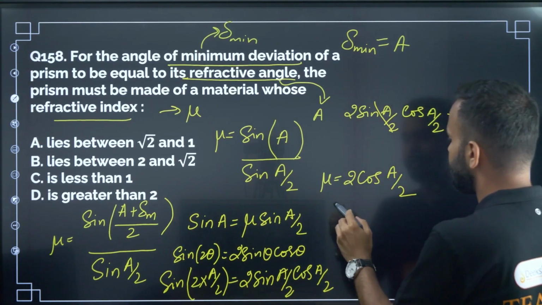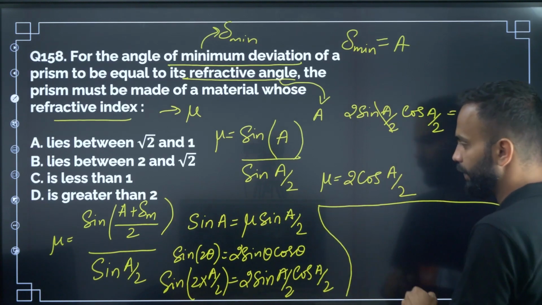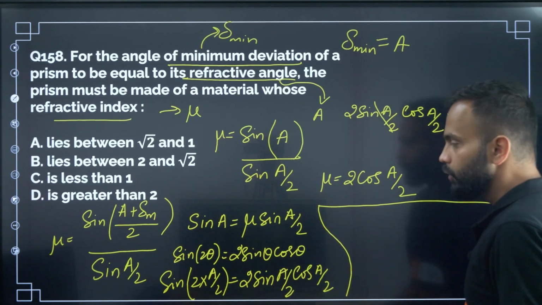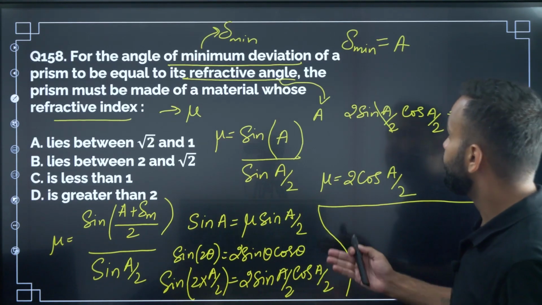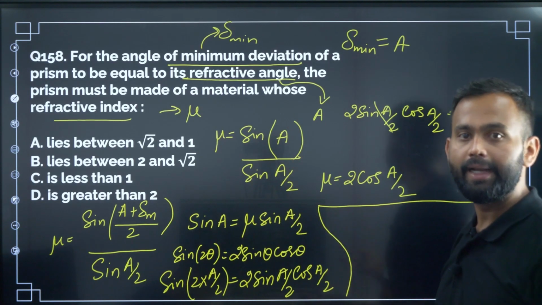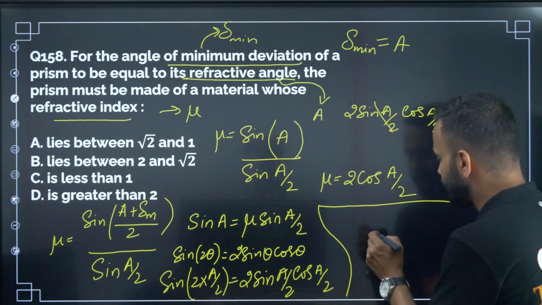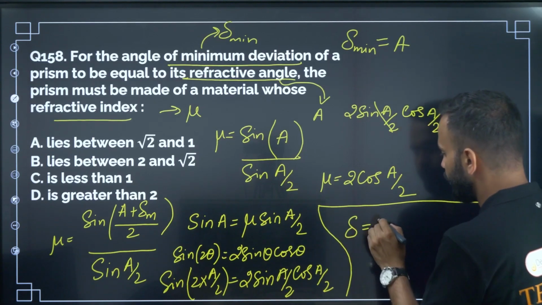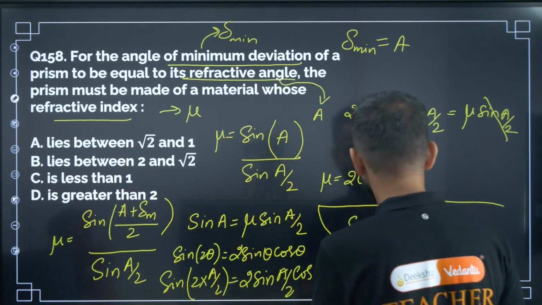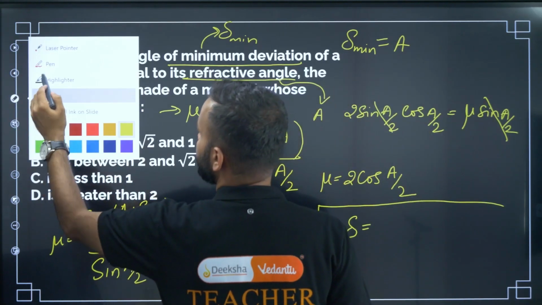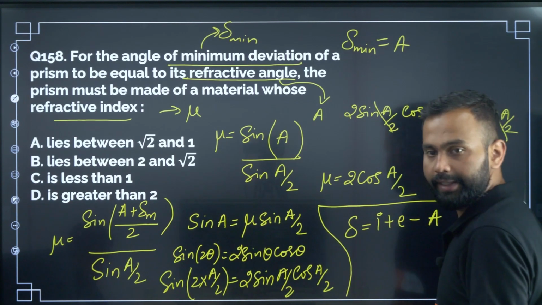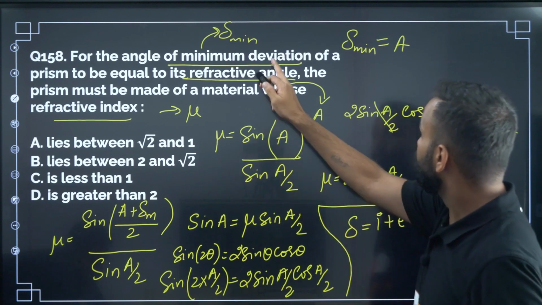Okay, so now the first part is done. I am dividing this question in two parts. Now we know the relationship between angle of deviation, angle of prism, angle of incidence and angle of emergence: delta is equal to I plus E minus A. What is the condition for minimum deviation?